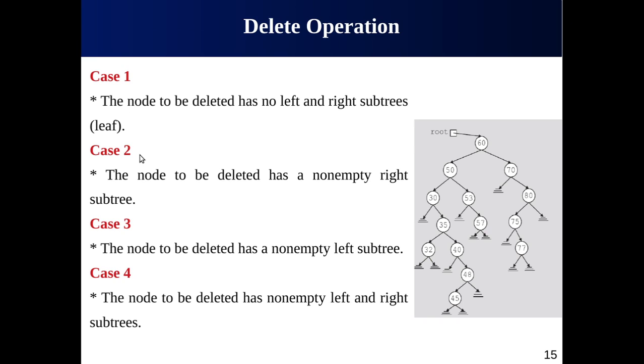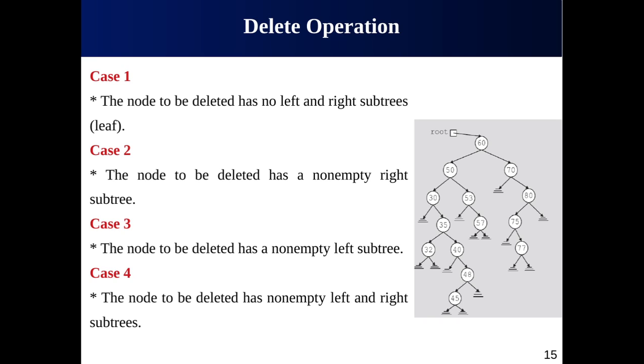Second case, the node that we want to delete from the binary search tree has a non-empty right subtree, which means that the left subtree is empty while the right subtree is present.